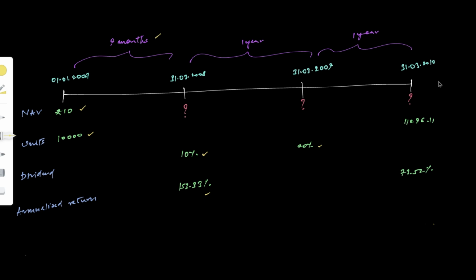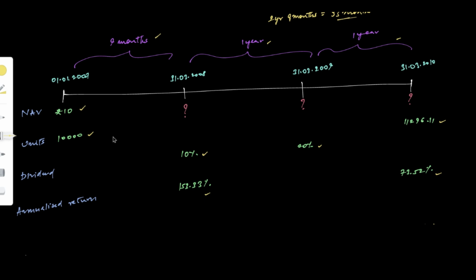And on 31/3/2010, which is after 1 year, the total number of units is 11296.11 and annualized return comes down to 73.52%. This is 1 year, this is 1 year. So total duration will be 2 years, 9 months, that is 2 into 12, 24, plus 9, that is 33 months.